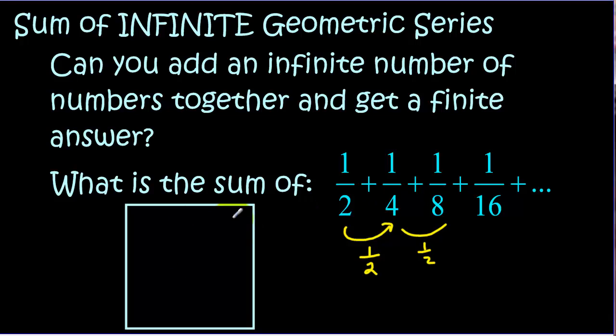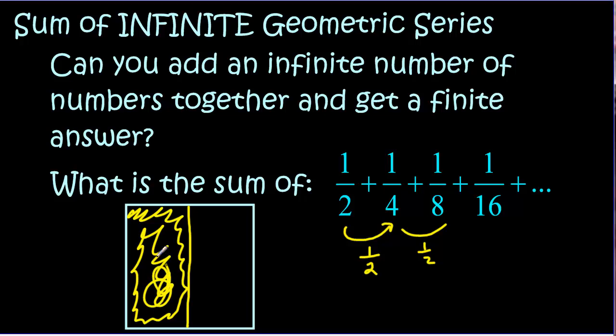Now if we look at this in terms of geometrical terms with an area, we're starting out with half of an object. So our first thing that we're adding is 1/2. So I'm going to shade in the part that we're adding. So we've added in the 1/2 here.